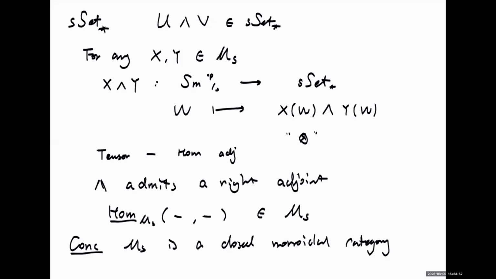The reason is that the model structure does not have all the weak equivalences that we should have. So we want to impose more weak equivalences on it. And how to do that, how to give more weak equivalences?